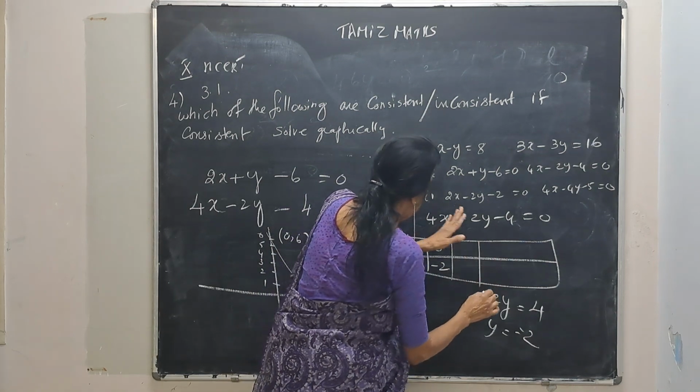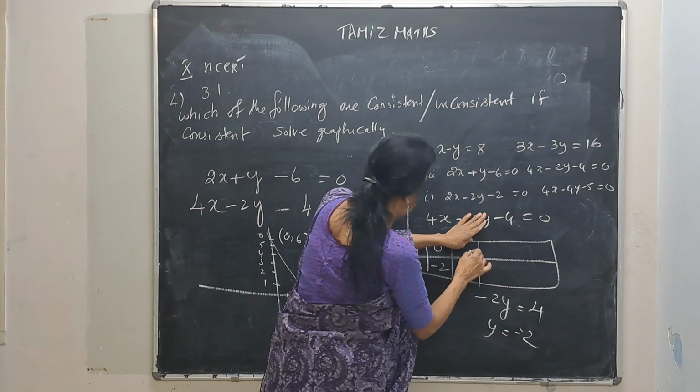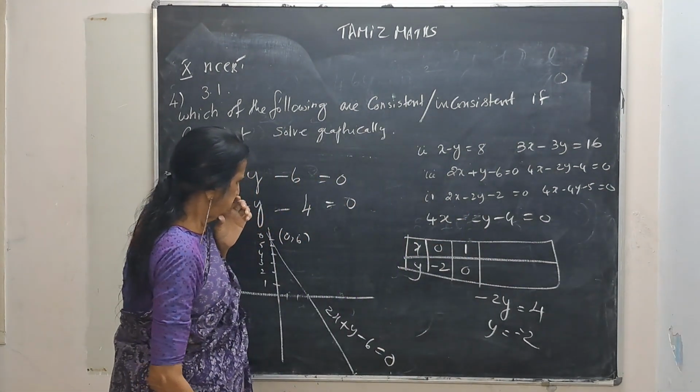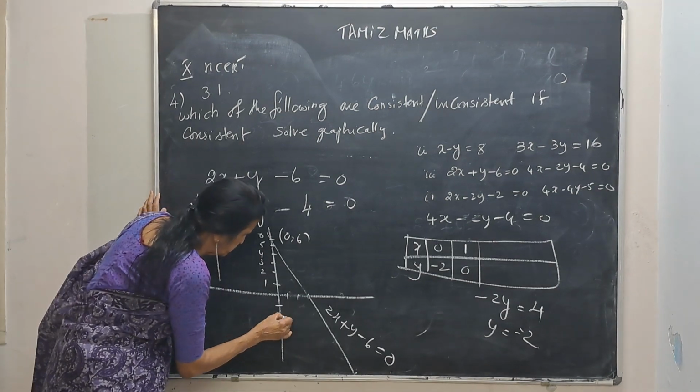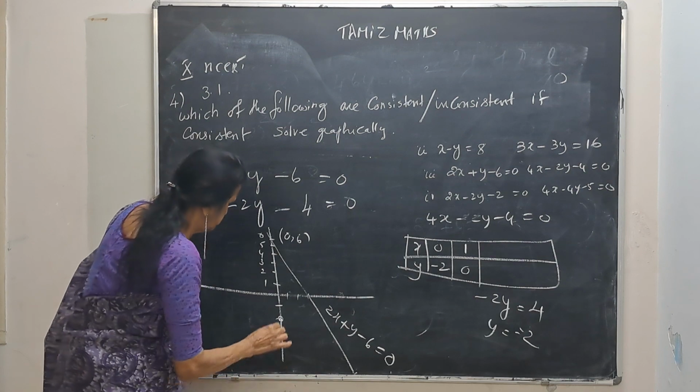Next, when y is 0, 4x is 4, x is 1. So the points are 0, minus 2 and 1, 0. 1, 0 will be here.